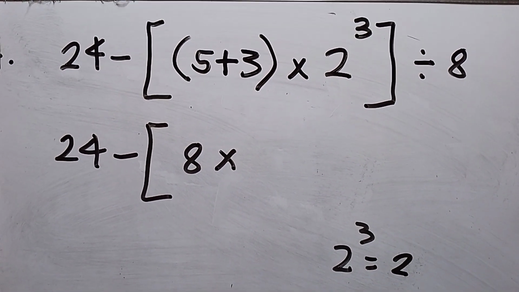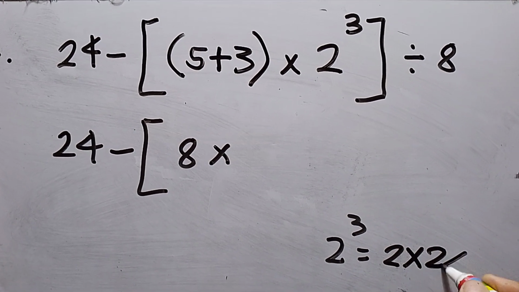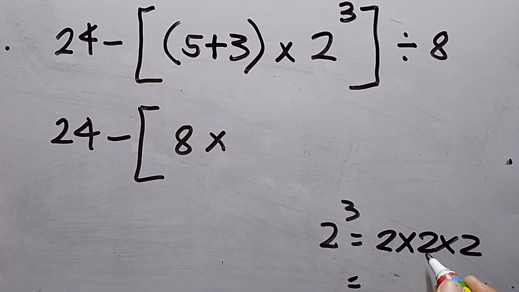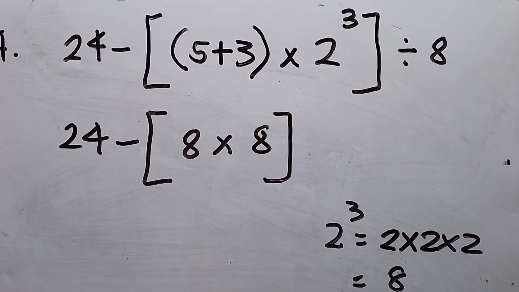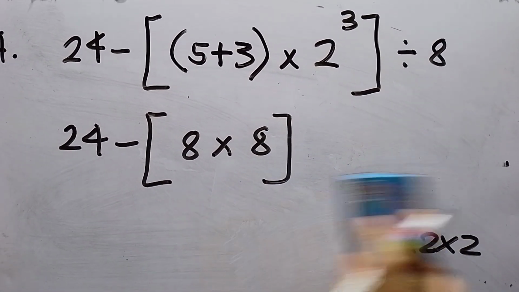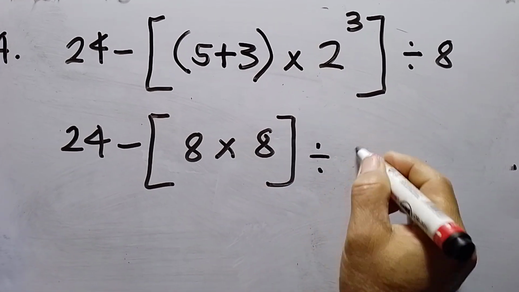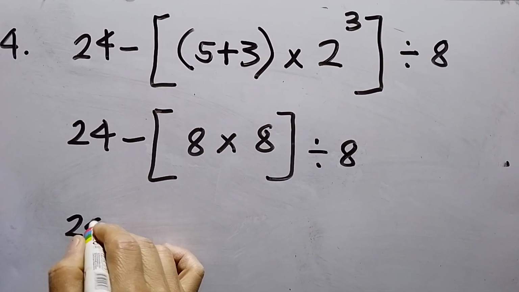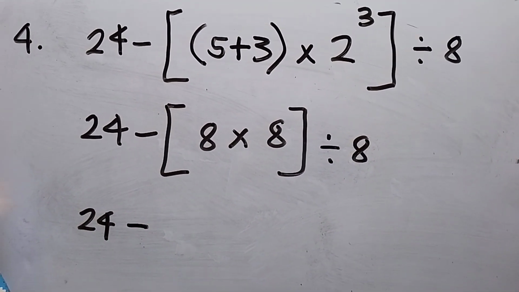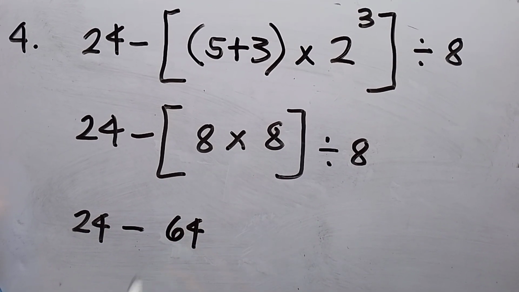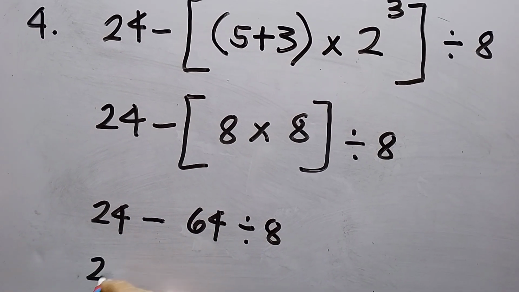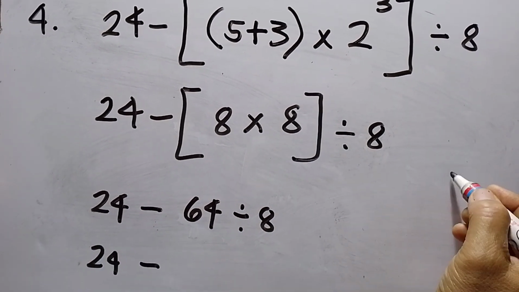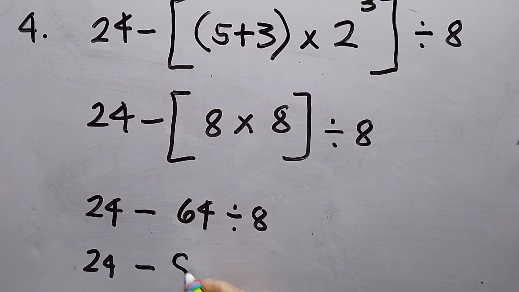So multiply itself 3 times. So 2 times 2 is 4, times 2 is 8. So this will be 8, and then divided by 8. So this will be 64 divided by 8. So 24 minus 64 divided by 8 is 8.